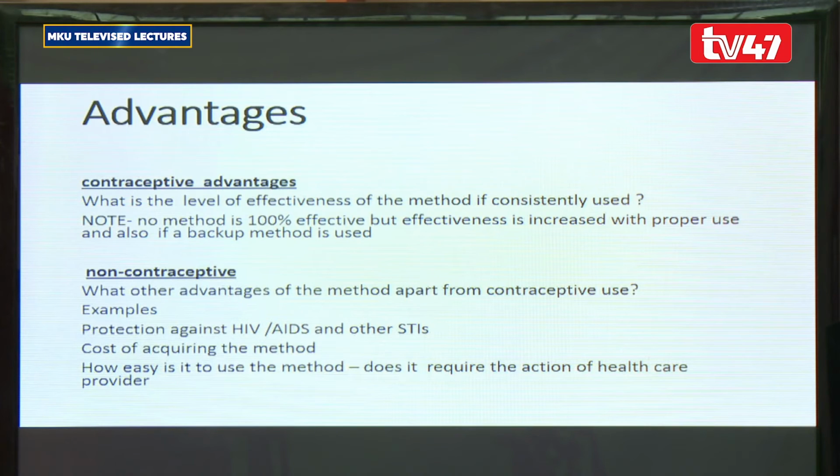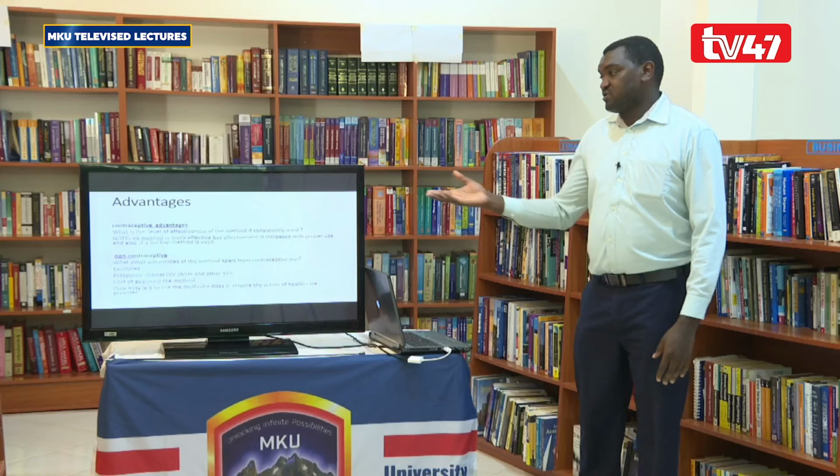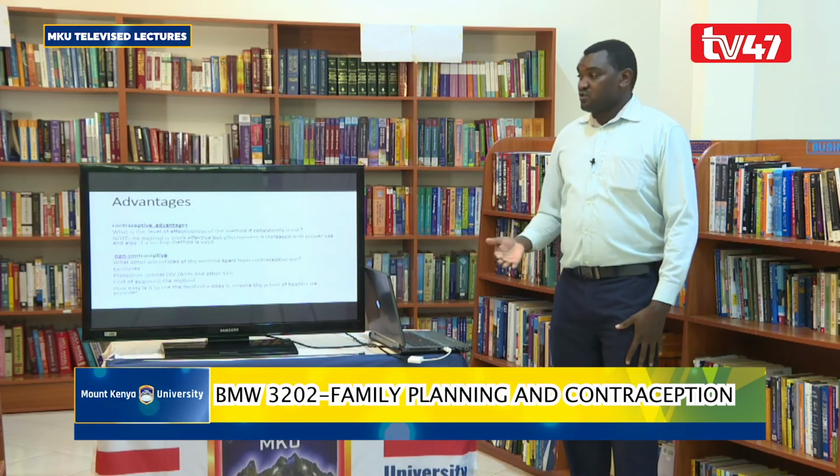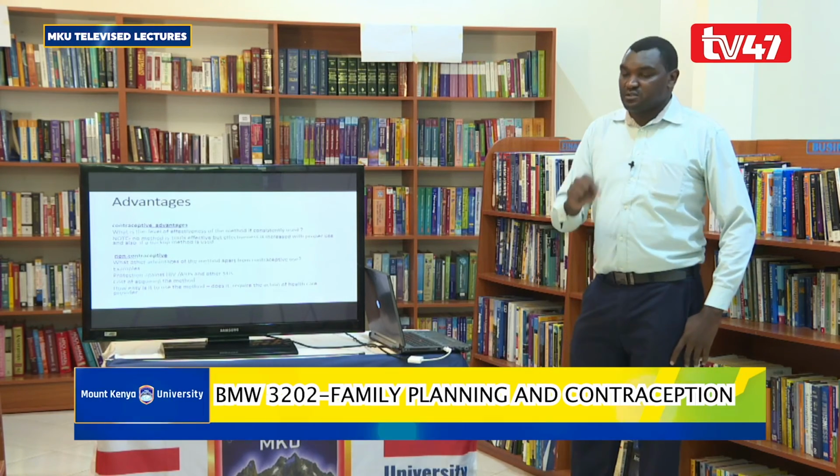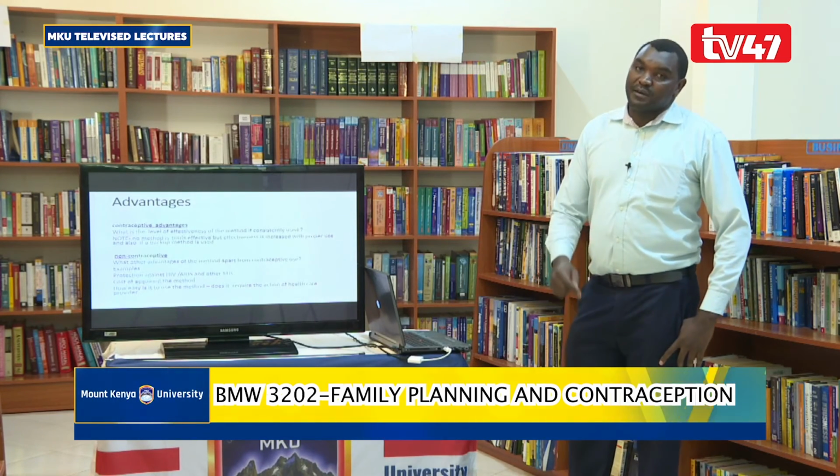This is very important when you are giving the client information: no method is 100%. So a client can get pregnant even if she is using any family planning method. It is good for them to understand that effectiveness may only be increased if, one, there is consistent use of the method, and two, there is a backup.